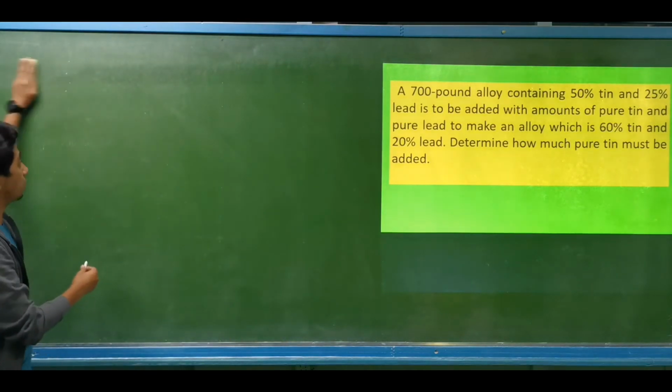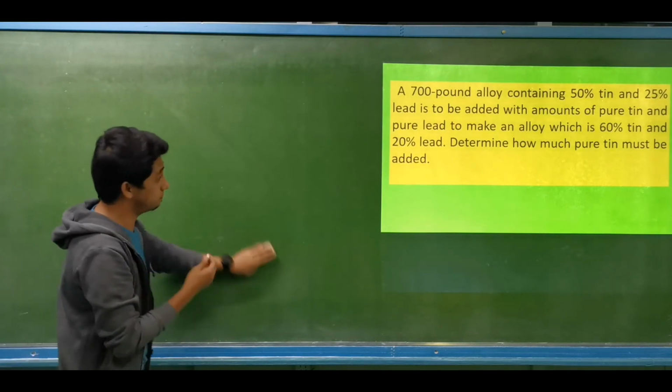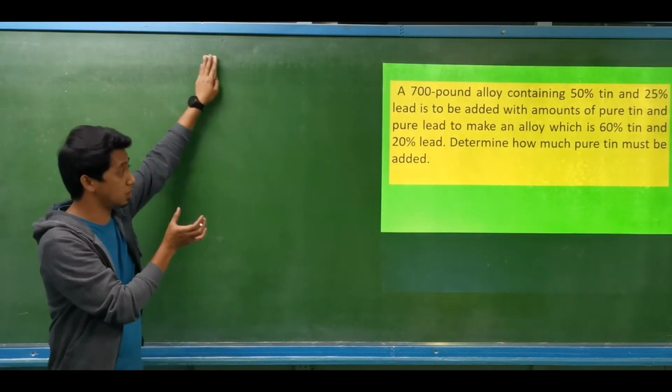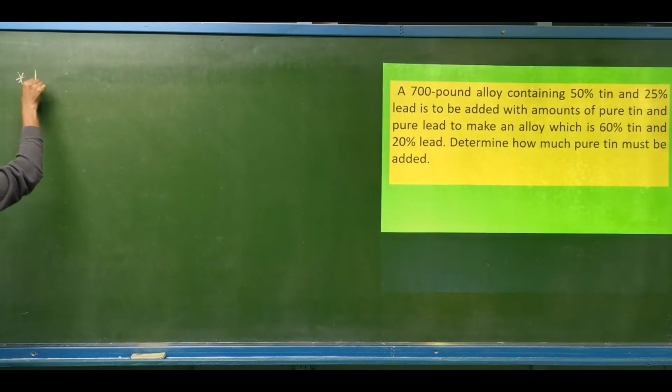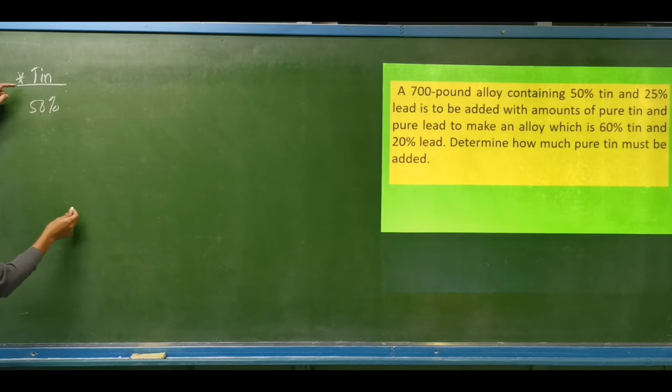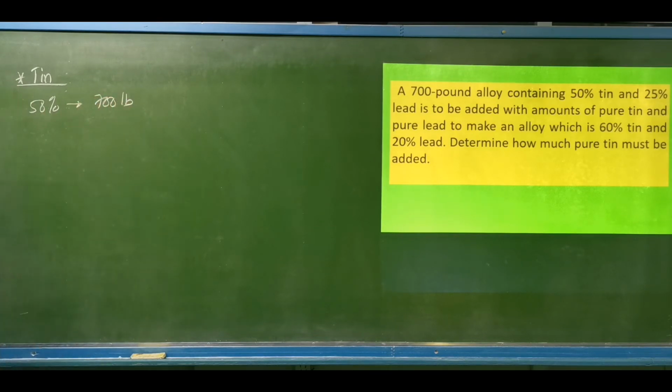So again, let us have an equation expressing the percentage of each component. First, let us focus on the tin. Initially we have 50% tin of a 700-pound alloy.